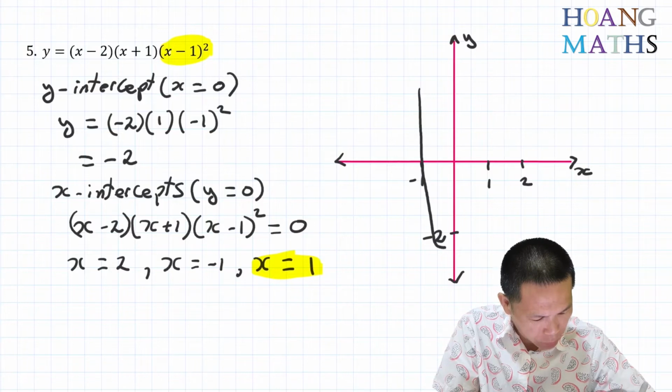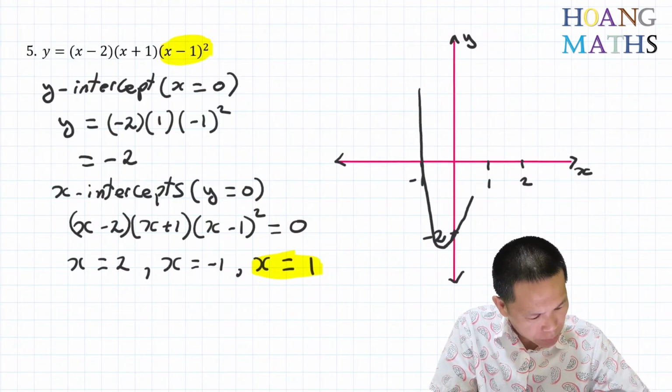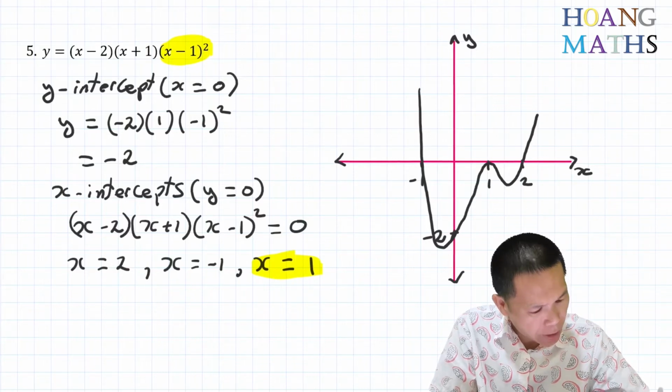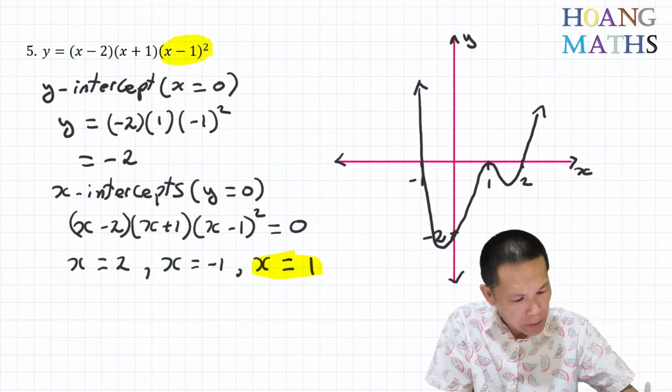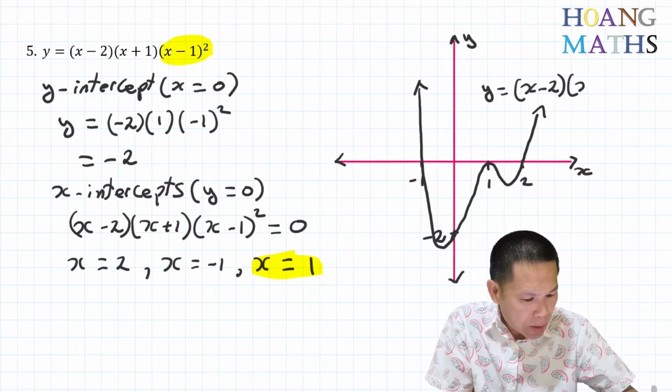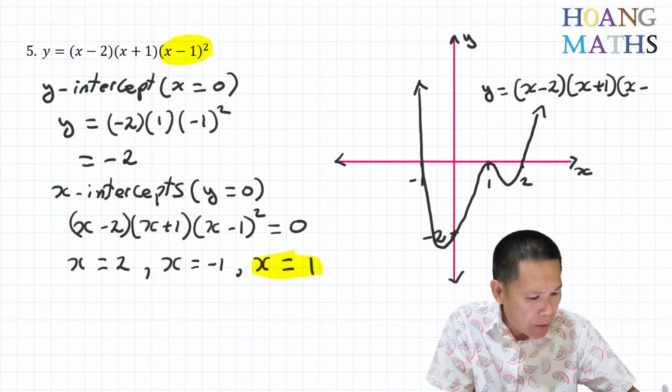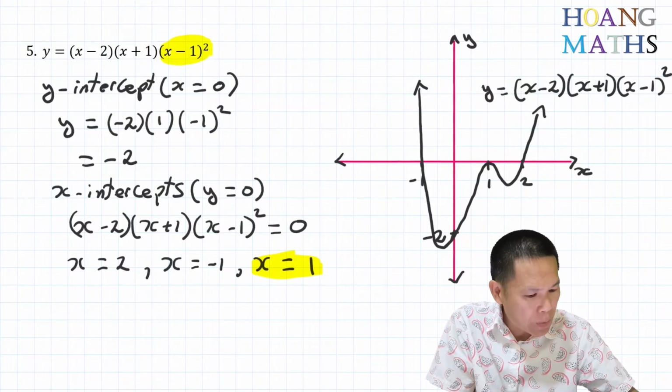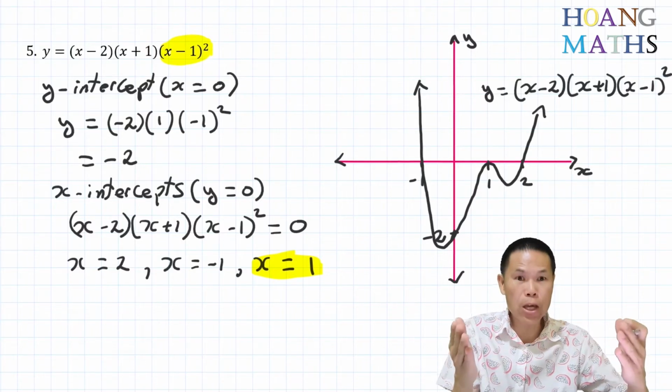So it goes like this roughly and turns at 1. There you go. So this is y equal to x minus 2, x plus 1, and x minus 1 all squared. There you go.